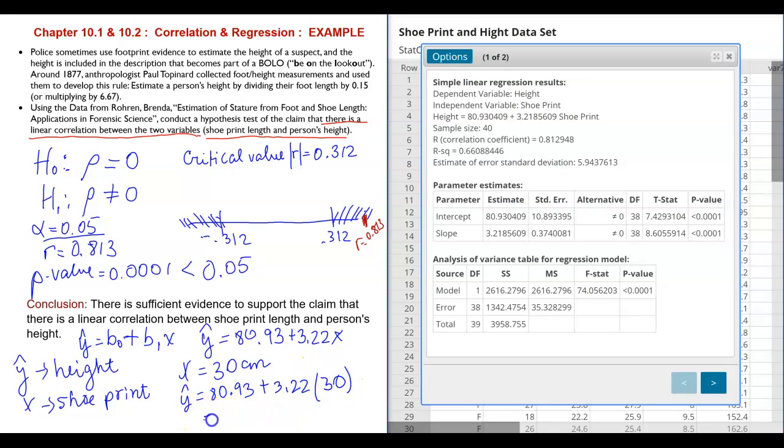Use your calculator. The height of a person who has a shoe print length of 30 centimeters is equal to 177.53 centimeters.